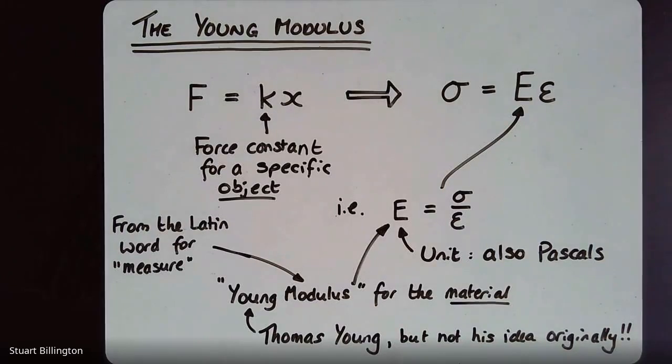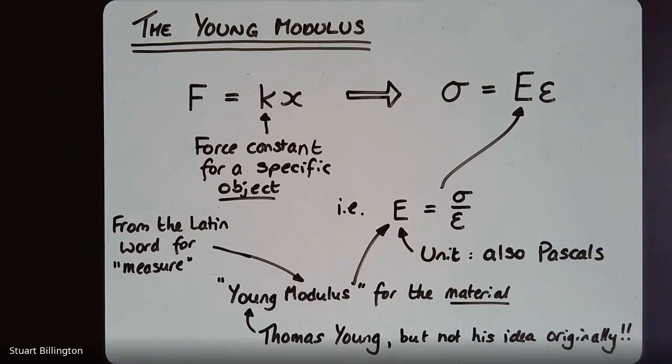Young is a person. I'm not entirely sure historically why Thomas Young has got his name associated with this constant, because it wasn't his idea, and this analysis has been knocking around for at least 100 years before Thomas Young was born. So I'm not really quite clear myself on why it's called the Young modulus, but it is.